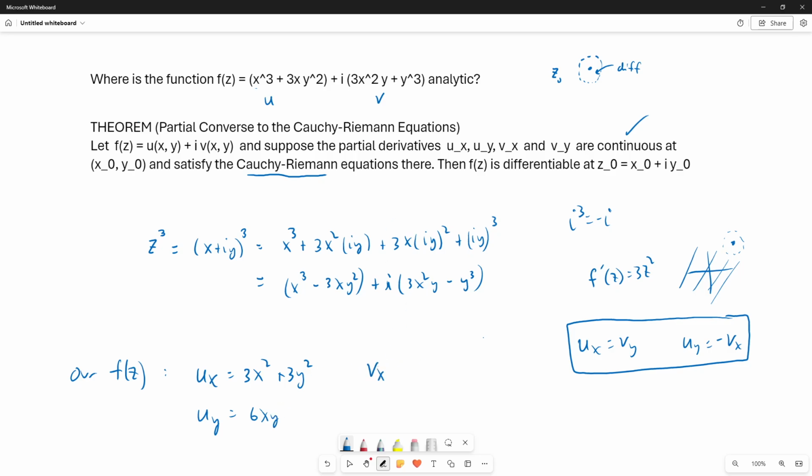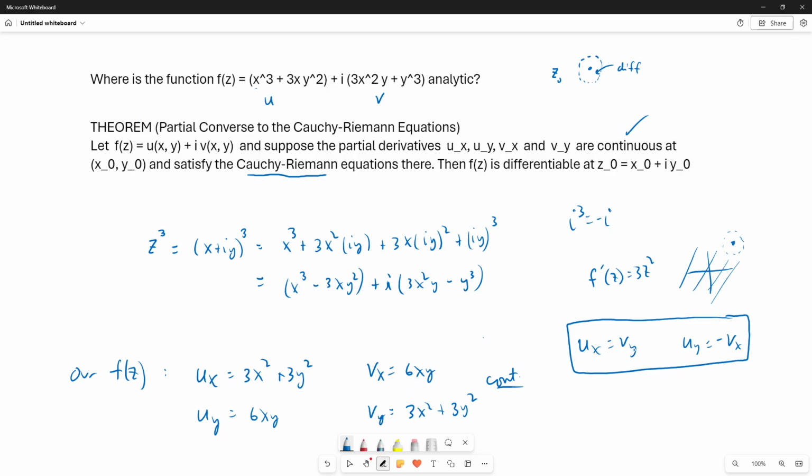Now for v sub x and v sub y. v sub x is 6xy, and v sub y is 3x squared plus 3y squared. Okay, let's check the continuity. These are continuous. Okay, no problem there. They're continuous everywhere, at every point in the plane.